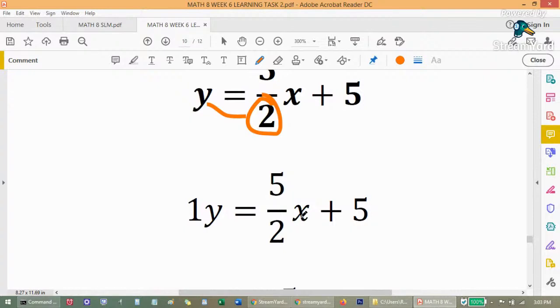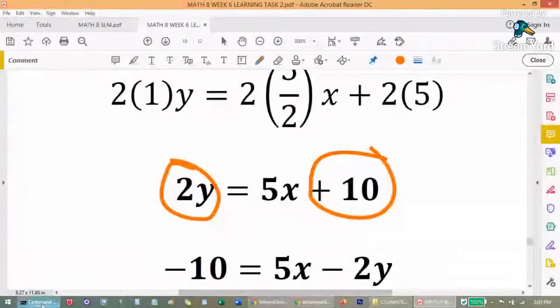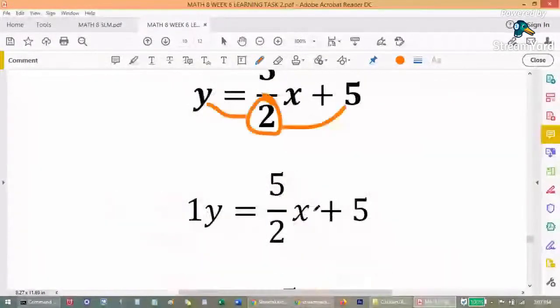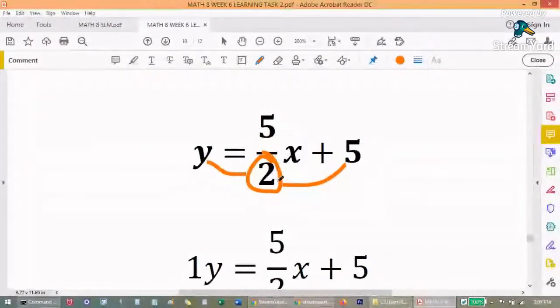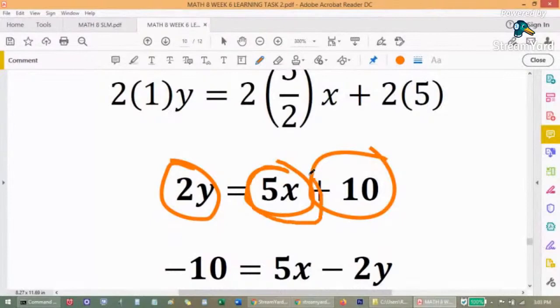Times positive 5 is equals to positive 10. And bakit naging 5x to? Because ang short method nun, pag minultiply mo yung 2 sa lahat ng terms, mawawala na tong 2 dito. So magiging 5 times x is 5x.